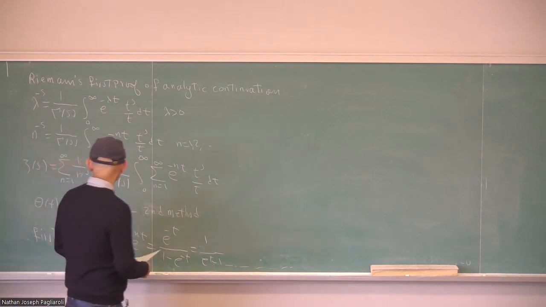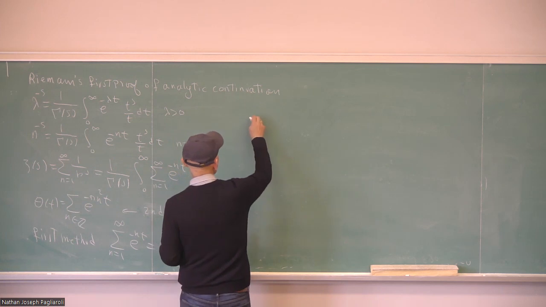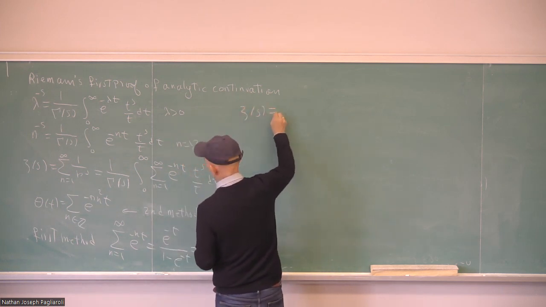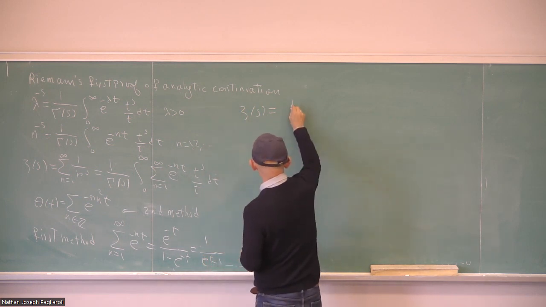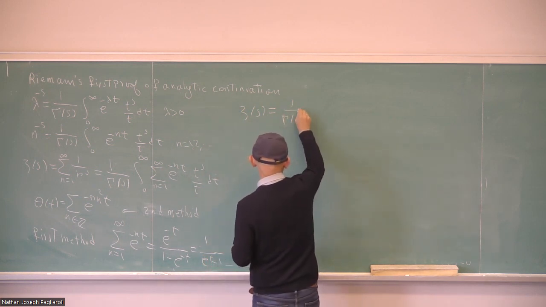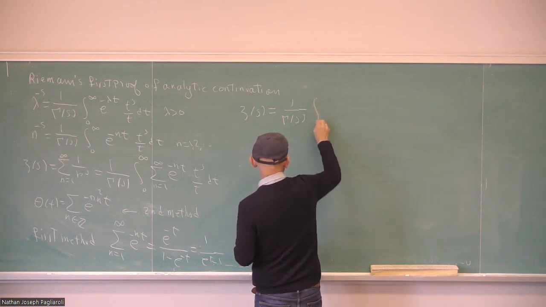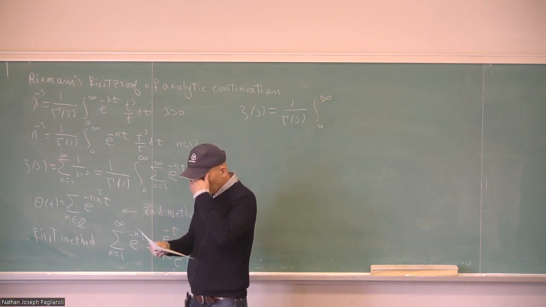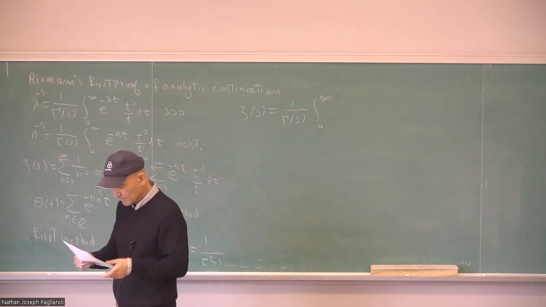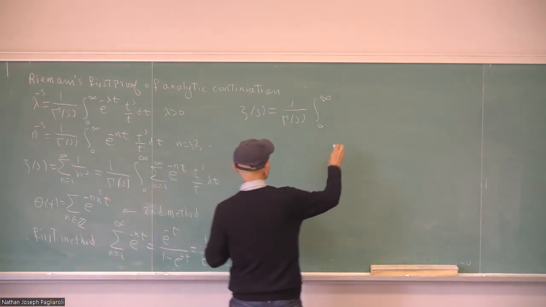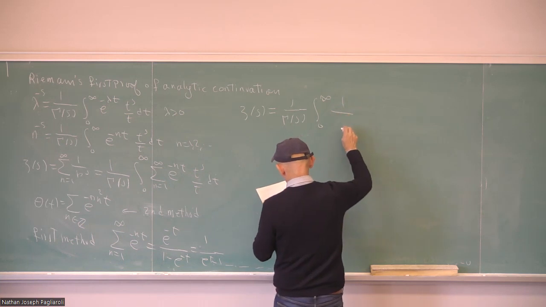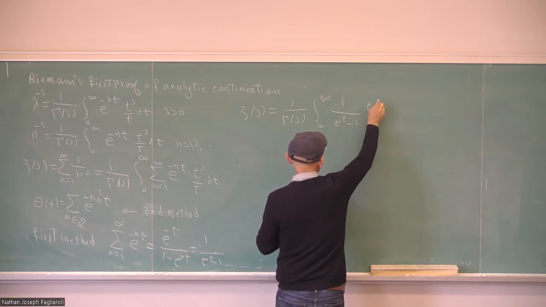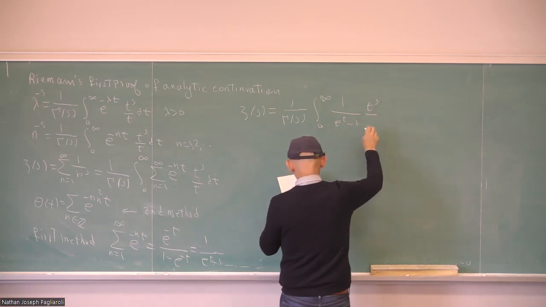So then you can write this zeta of s simply as 1 over gamma of s, integral from 0 to infinity, of 1 over e to the t minus 1, as we have over there, times t to the s over t dt.